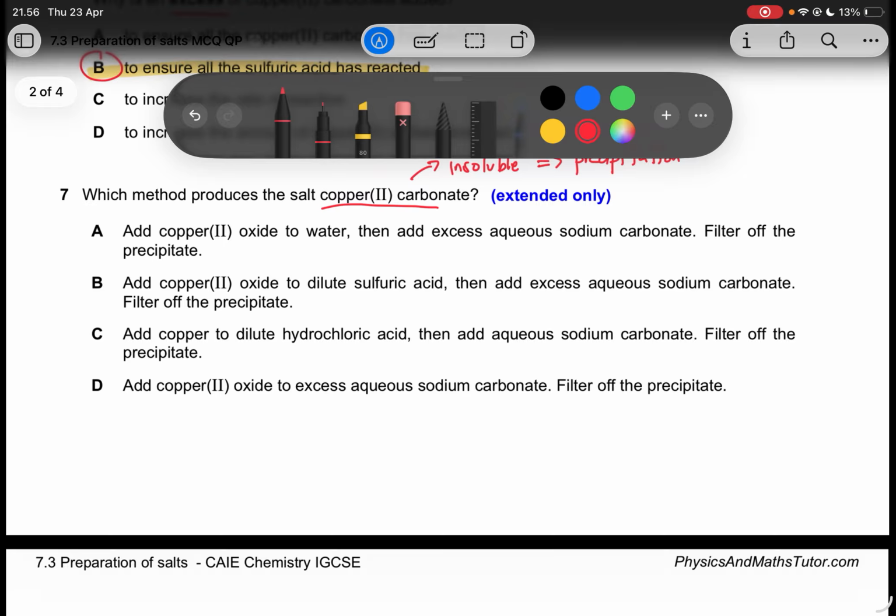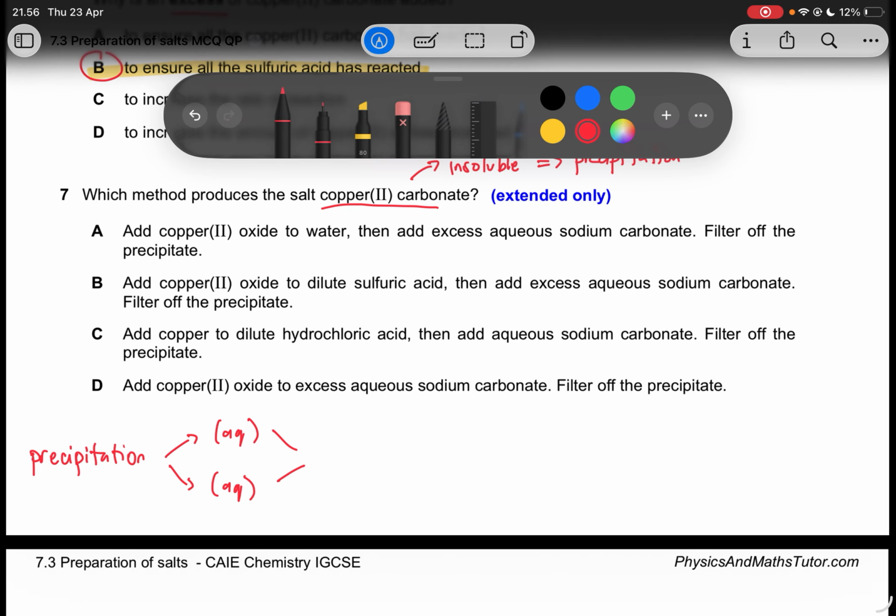So just recap the main difference between precipitation and neutralization. When we do precipitation, we combine two soluble compounds. So we make them into aqueous solutions.